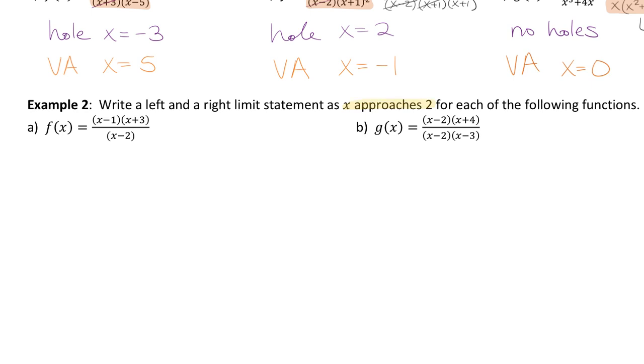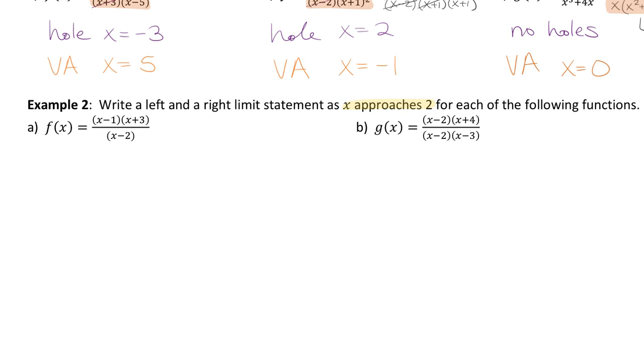Now, if I were to immediately plug the number 2 into this function, what would happen? Yeah, denominator would be 0, right? Can denominators be 0? No, that's how we got in this mess to begin with.